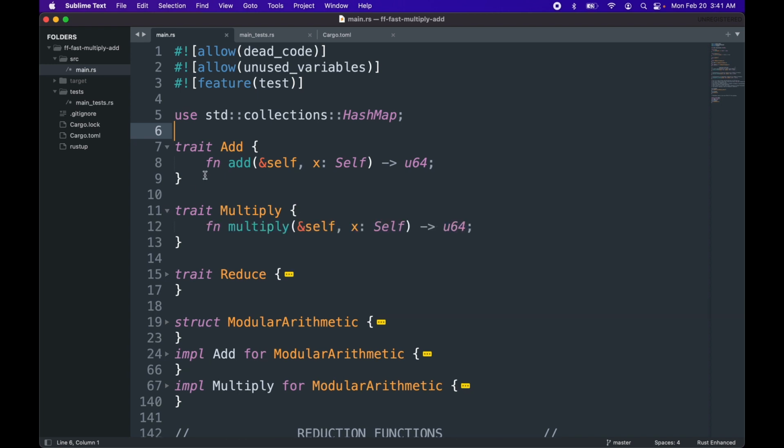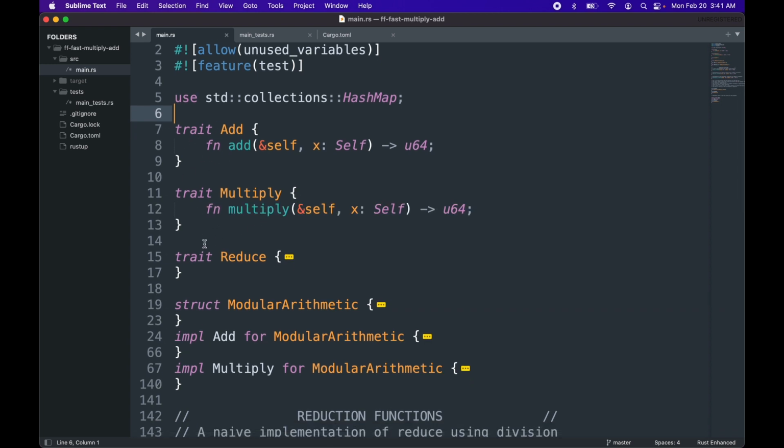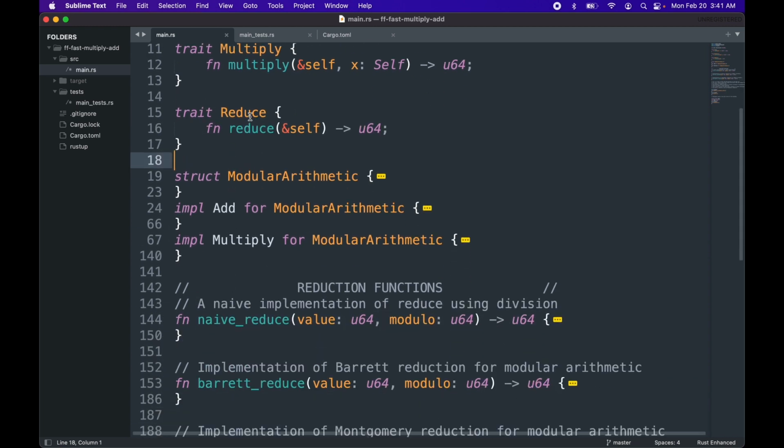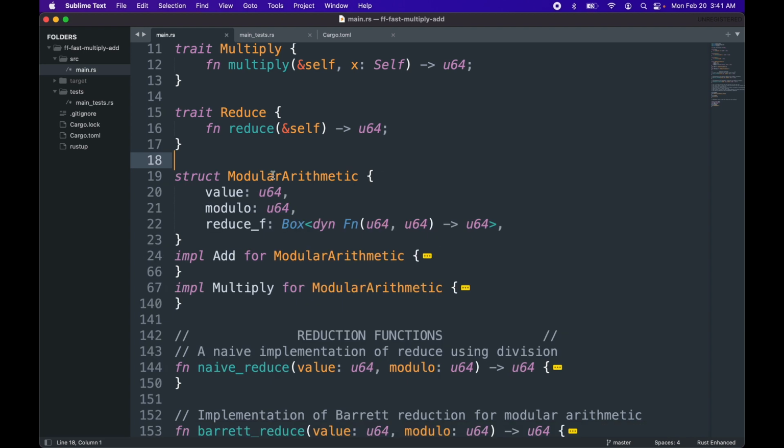So you have your two binary operations that this finite field would define, and then you have, I believe I stopped using this trait, but you're also going to have different forms of reduction. And I chose to have the main class that we're working with be modular arithmetic.